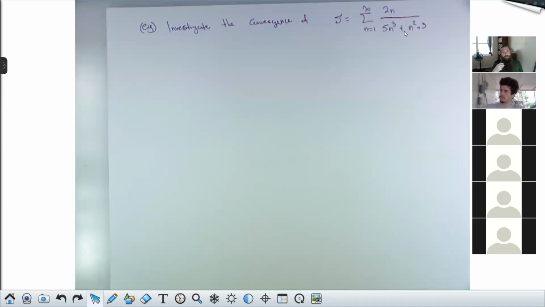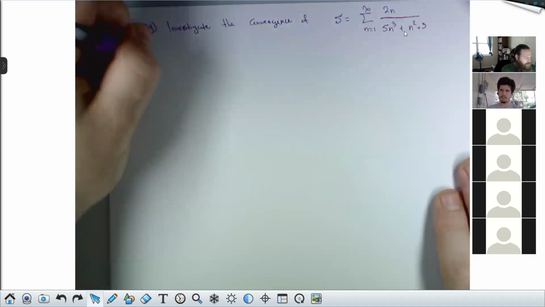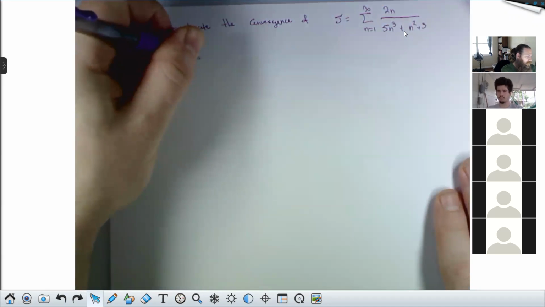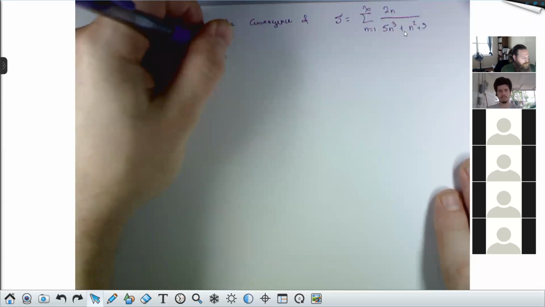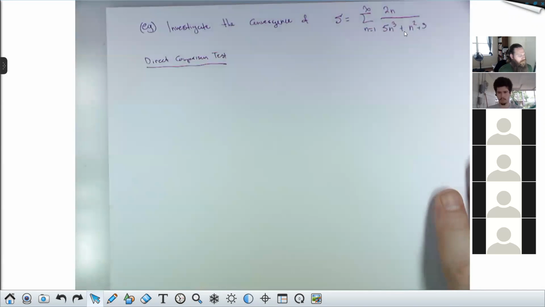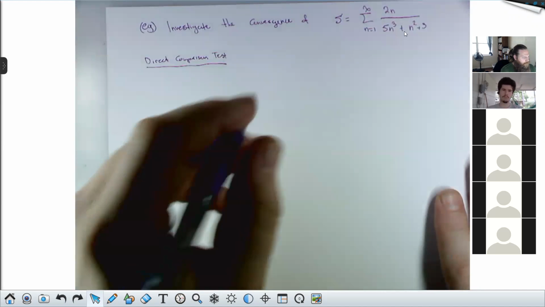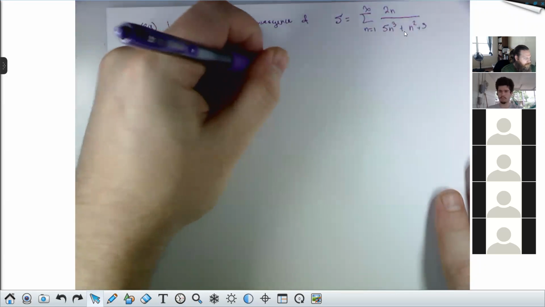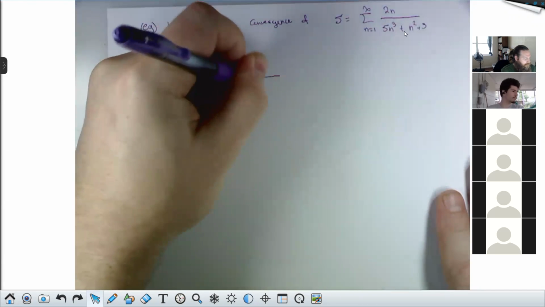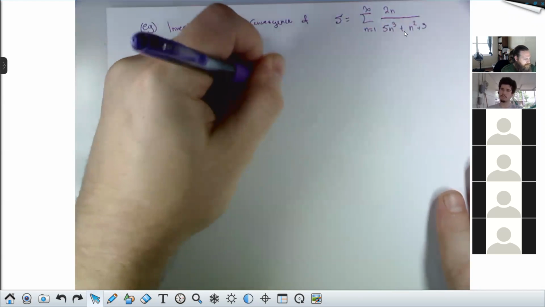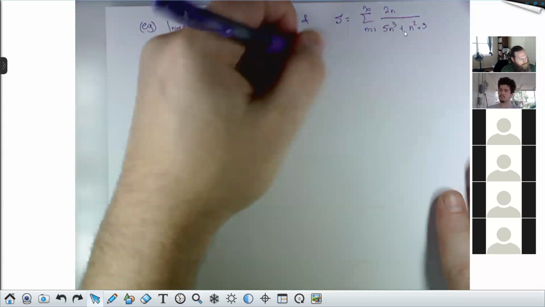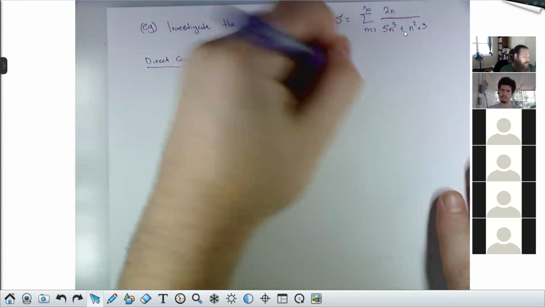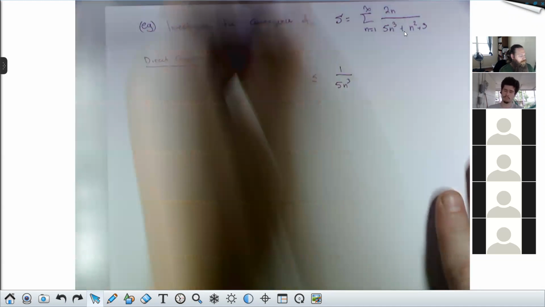If I want to be concrete about this, here's what I do. I would begin by saying something like 1 over 5n cubed plus n squared plus 3 is definitely less than, or less than or equal to, 1 over 5n cubed.